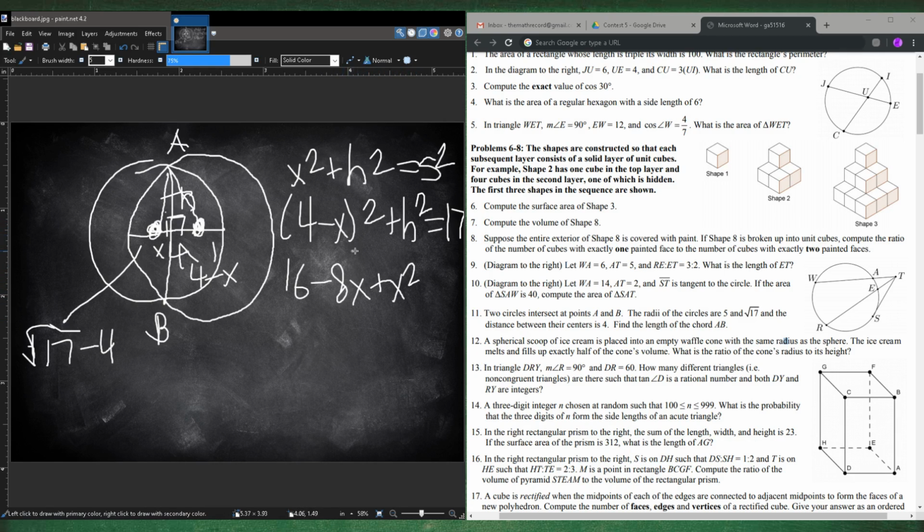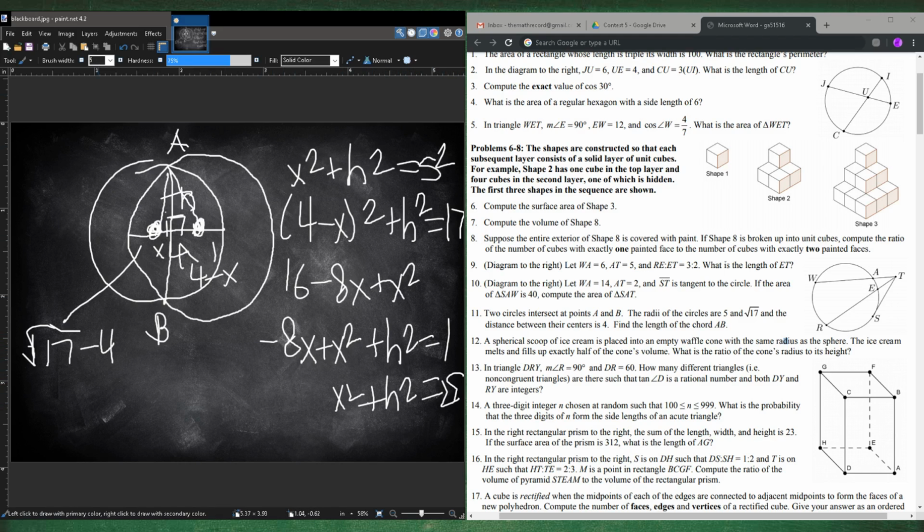So let's simplify this: negative 8x plus x squared plus h squared. Actually, let's write this a little smaller. I need some room. So negative 8x plus x squared plus h squared equals 17 minus 16, which is 1. And you have x squared plus h squared is equal to 25, right?